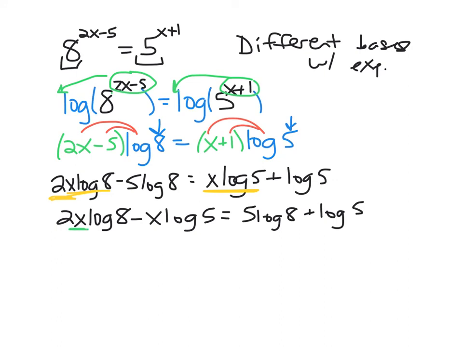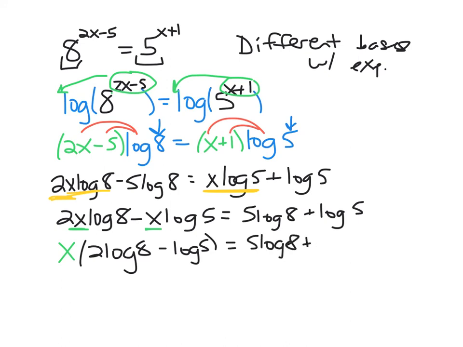Now they both have an x, so I can factor out x, which leaves me with 2 log 8 minus log 5 equals 5 log 8 plus log 5. So I have this written as multiplication, so what can I do? I can divide by this horrible hot mess.